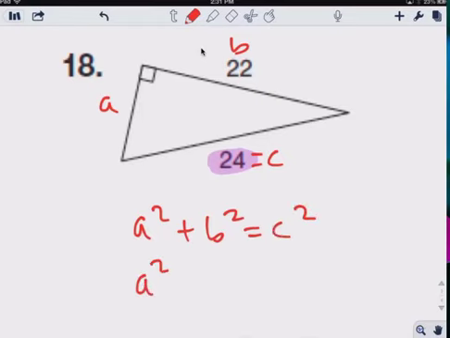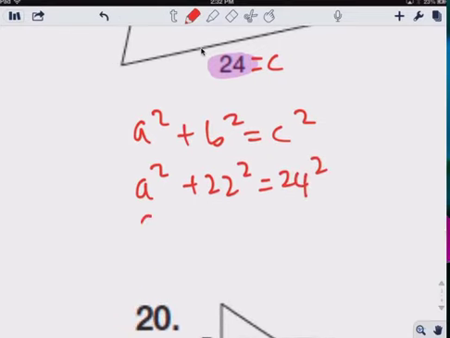So a squared plus 22 squared equals 24 squared. a squared plus 22 times 22 is 484 equals 24 times 24, 576.